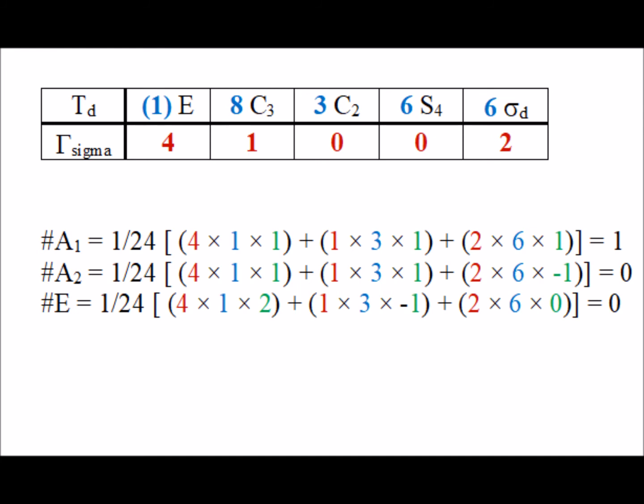Then we proceed with 1 times 3 times -1 because -1 is the character for C3. And then the character for the dihedral mirror sigma d is 0 for the E irreducible representation. So that gives us that there are no E's in gamma sigma.